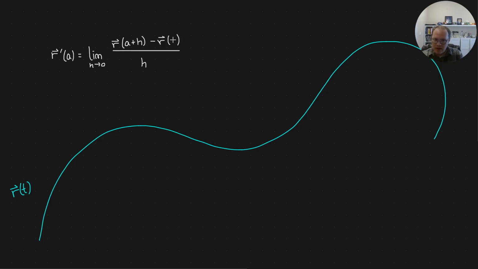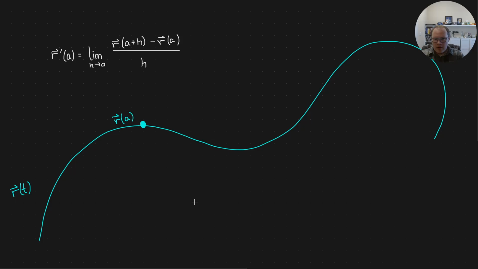Maybe a is 7, maybe it's negative 4, but we're looking at a particular value on the curve. So let's assume this is the point where t is equal to a. That's the point that we get out of the vector valued function when t equals a.